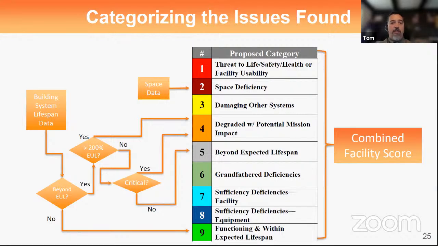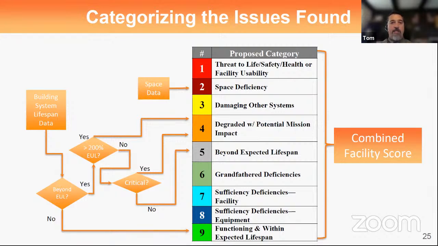We essentially set up a decision tree for the assessment team to be able to then allocate the data appropriately. So the first question is, is the system beyond its expected useful lifespan currently? And if it's not, then it's simply lodged in category 9 so that its depletion can be taken into account and tracked, but it's not given a whole lot of importance because it's within its life cycle and performing.